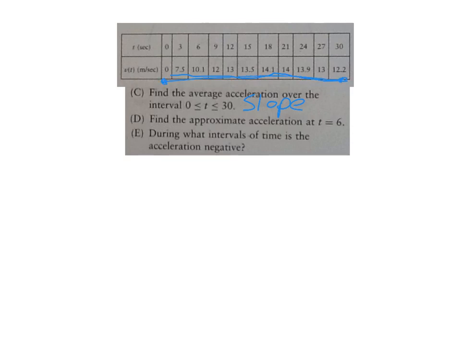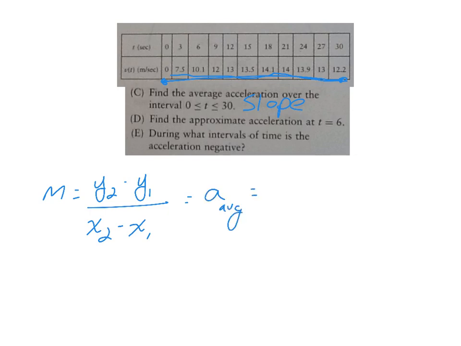So slope, remember, is just rise over run. So we're looking at y2 minus y1 over x2 minus x1. So for us, that means our average acceleration is going to be 12.2 minus 0 all over 30 minus 0.